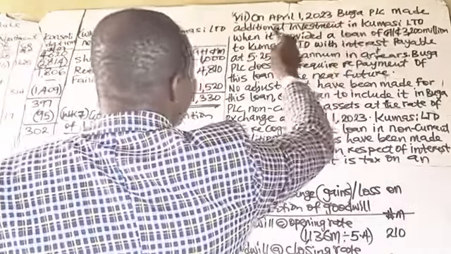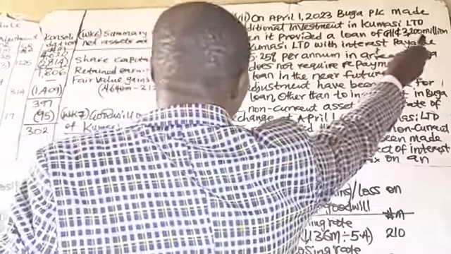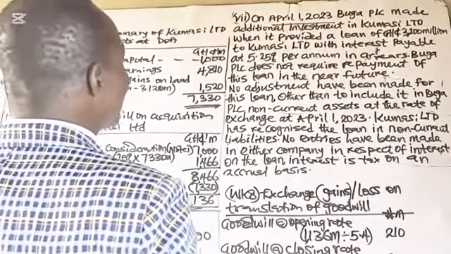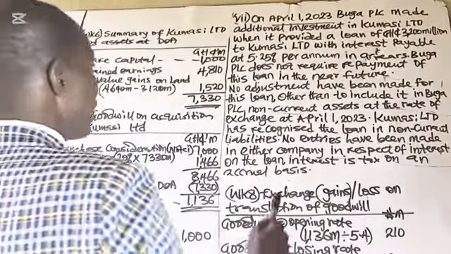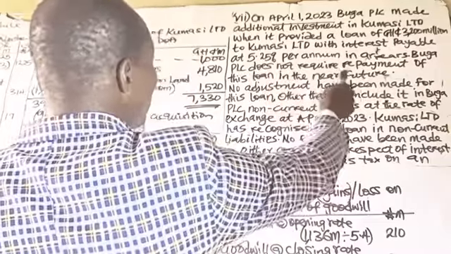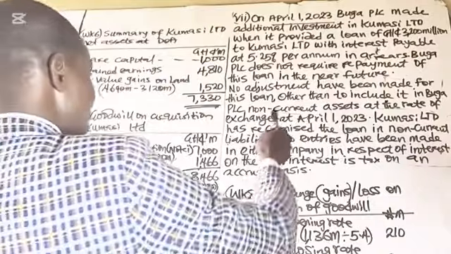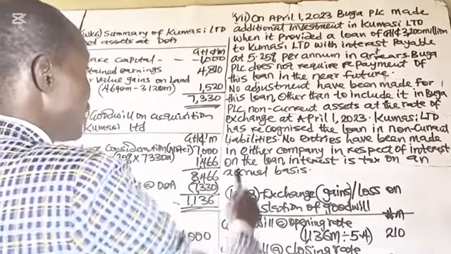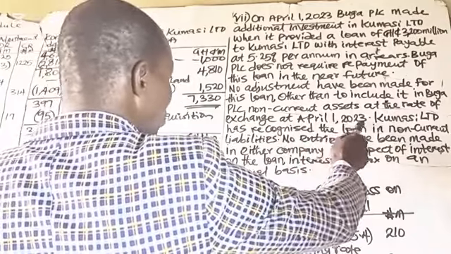Buga PLC made additional investment in Kumasi Limited when it provided a loan of 3.2 billion Ghana cedis to Kumasi Limited with interest payable at 5.25% per annum in arrears. Buga PLC does not require repayment of this loan in the near future. No adjustment has been made for this loan other than to include it in Buga PLC non-current asset at the rate of exchange at April 1st, 2023.